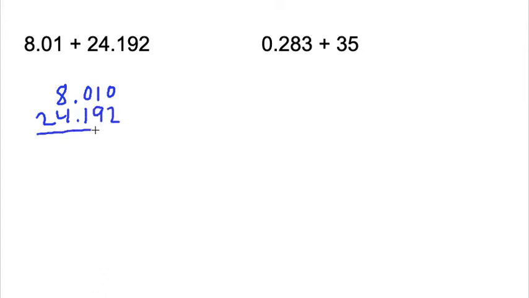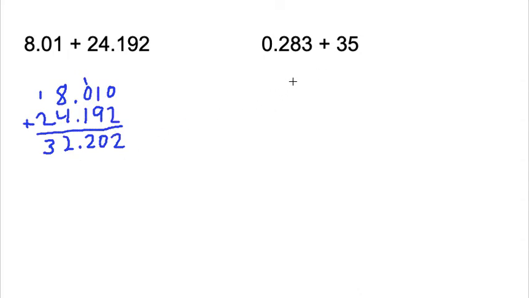And then we can add those up. So we get 2. That gives us 10. We have to carry our 1. That gives us 2. The decimal just drops straight down. In addition, 8 and 4 is 12. Carry our 1 and 3. Again, decimals line up.